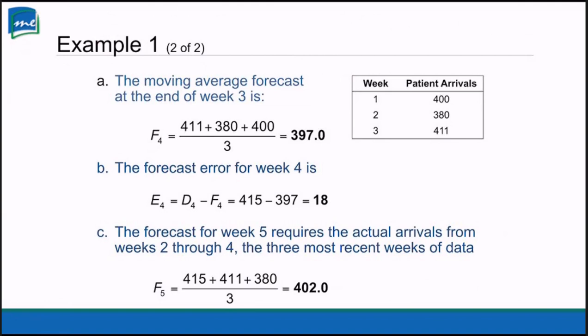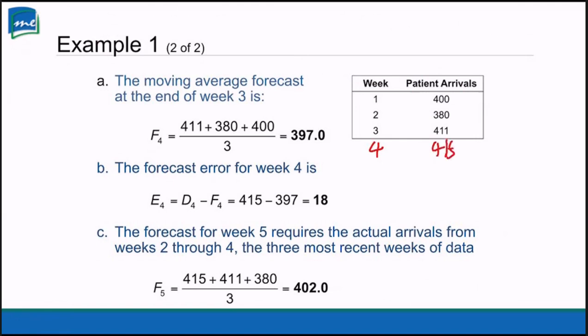For week 4, because we only had the 3 weeks of patient arrivals, when we made the forecast for week 4 via a 3 moving average, we just saw the average, we didn't see the moving, because we just used the numbers here. But now we already know the week 4 actual patient arrival is 415.